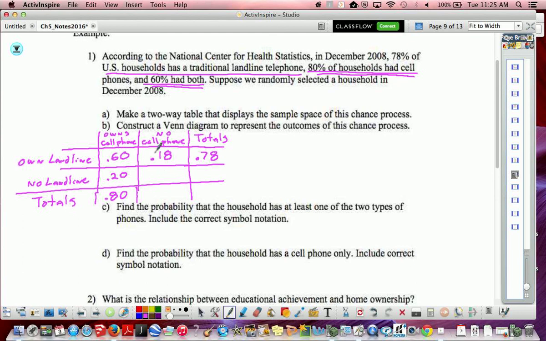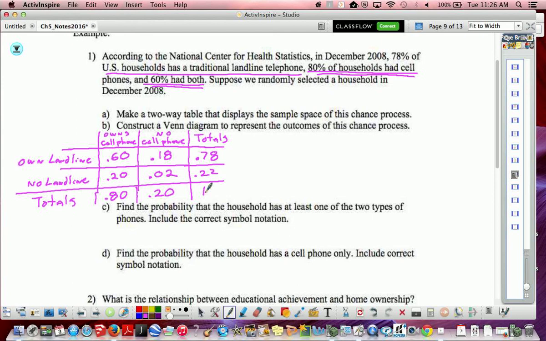They should add up to 1. So if I add up these three, that's 80 and another 18 is 98, which leaves me 2. So this should be 20, this should be 22, and these should add up to 1 or 100%.